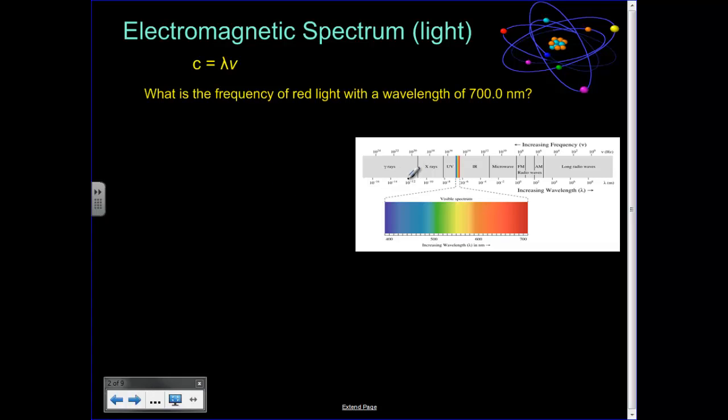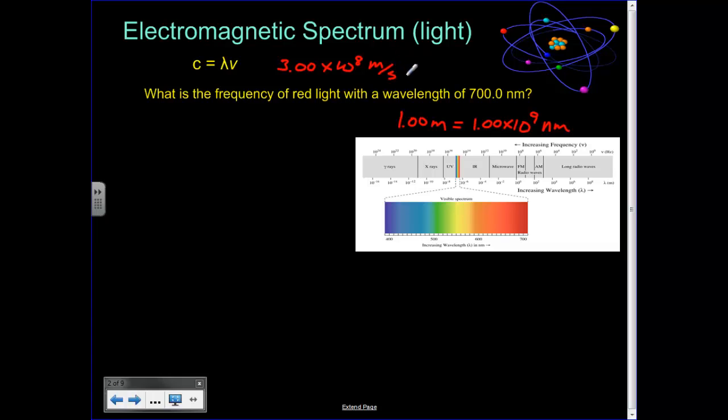I know the conversion for this, and you will soon know it too: 1 meter is equal to 1.00 times 10 to the 9th nanometers. There are lots and lots of nanometers in 1 meter. Remember that c, the speed of light, is 3.00 times 10 to the 8th meters per second.